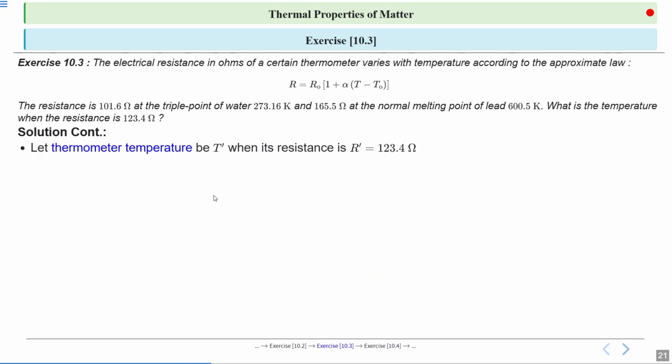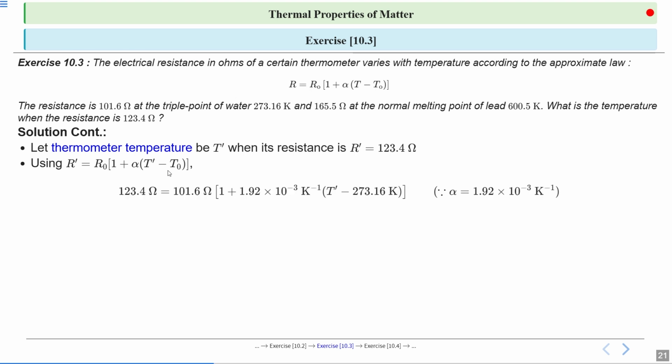So let the thermometer temperature be T prime when its resistance is R prime equal to 123.4 ohm. Using R prime equal to R naught into 1 plus alpha into T prime minus T naught, putting the values, you will get 123.4 ohm is equal to 101.6 ohm into 1 plus 1.92 into 10 raised to the power minus 3 per Kelvin into T prime minus 273.16 Kelvin.